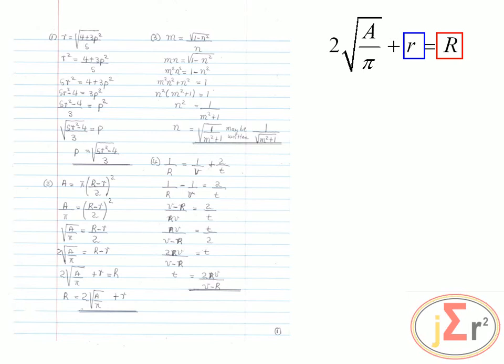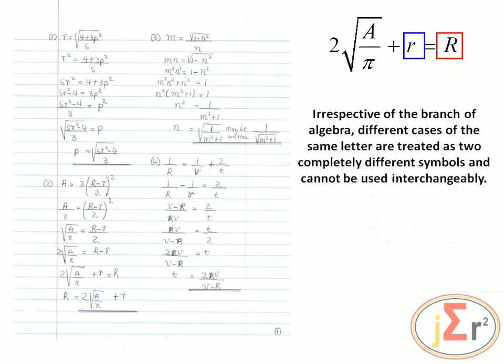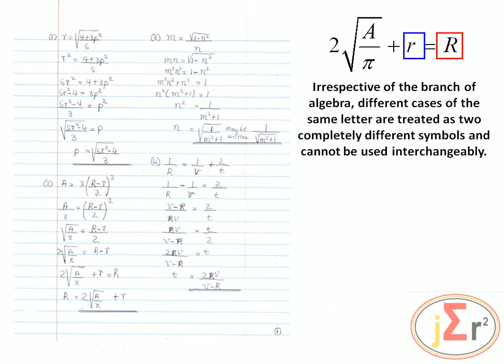There we have highlighted the lowercase r and the uppercase R. Irrespective of the branch of algebra, as a matter of fact, irrespective of the branch of mathematics, different cases of the same letter are treated as two completely different symbols and cannot be used interchangeably.